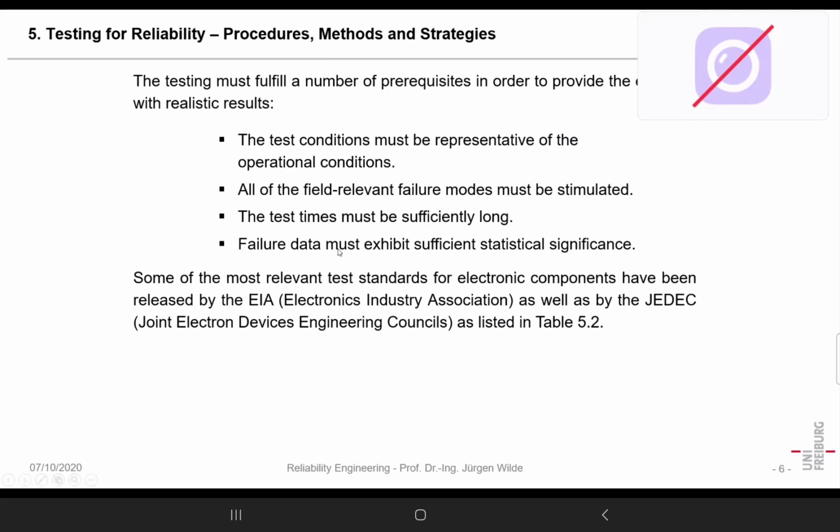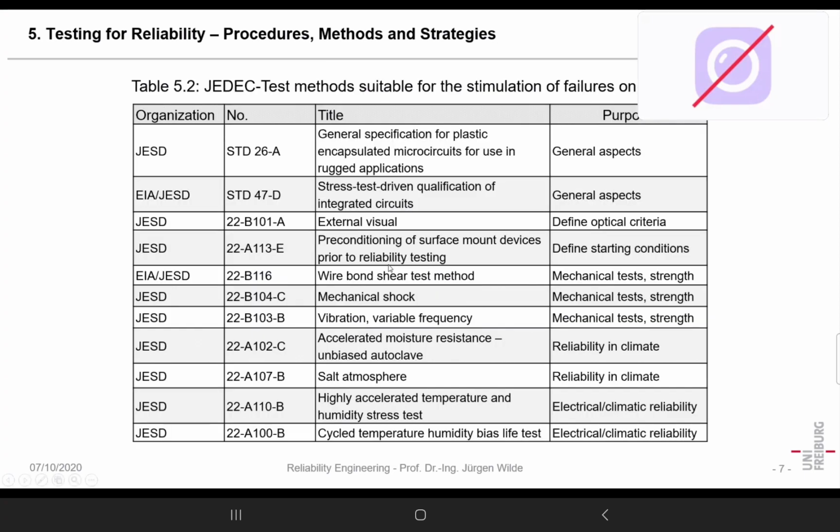And failure data must, in most cases, exhibit sufficient statistical significance. So maybe one failure is not really significant.